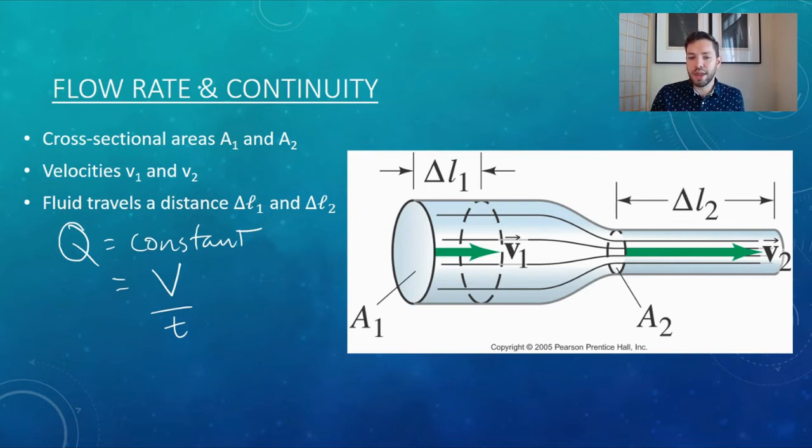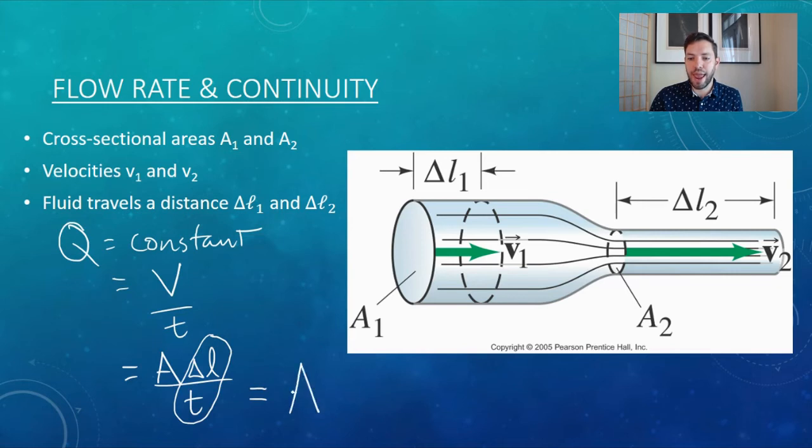And so we can actually rewrite this as A, the area, times delta L, that distance, divided by time. But keep in mind also that distance divided by time, we can just rewrite as velocity. So this will actually simplify to area times velocity. This is little v velocity. This is big V for volume. They are not the same thing.